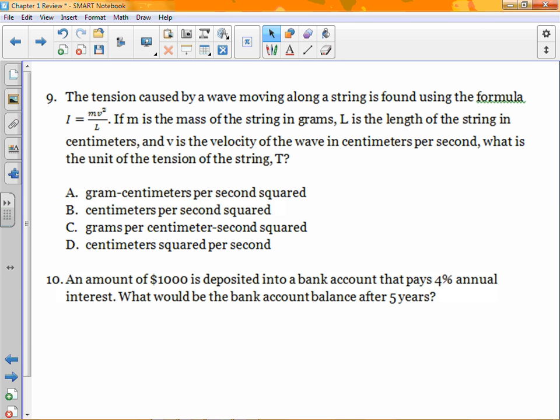The tension caused by a wave moving along a string. I noticed this formula here. It says I equals, it should say T equals, but anyway.